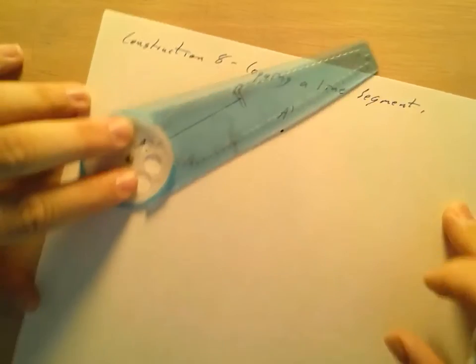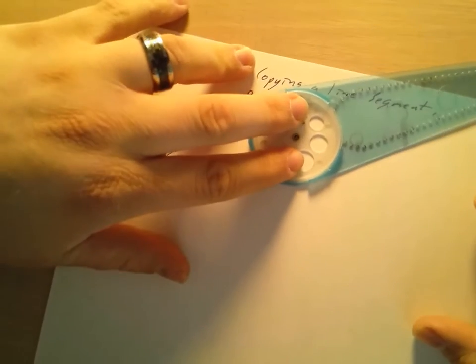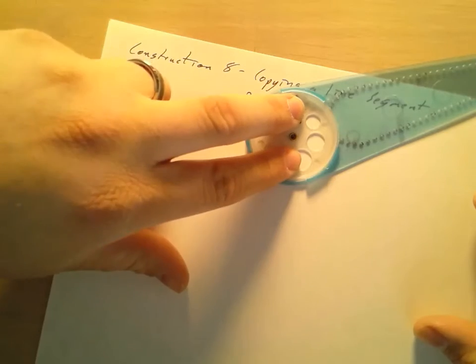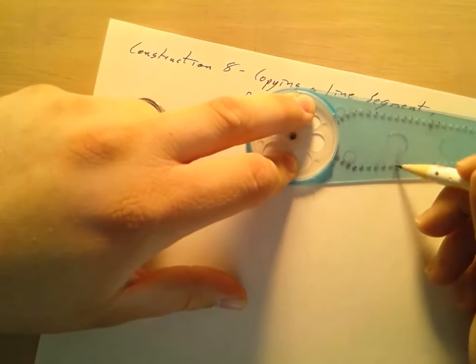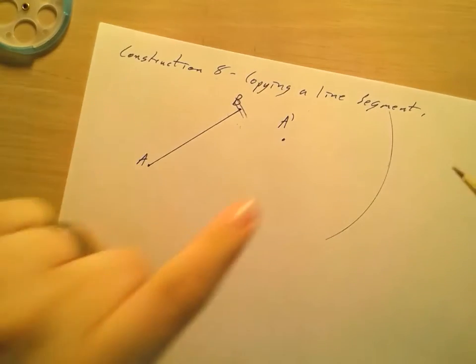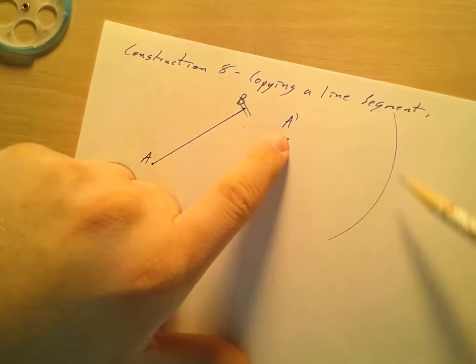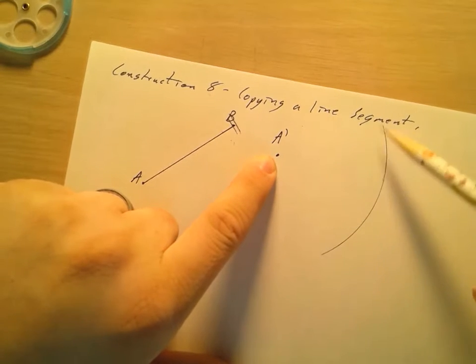But now I got to take this center and slide it over here to my new point A, or A prime. And now I'm going to create an arc. The reason I create the arc is I'm guaranteeing that any point on this new arc will be the same distance from A prime, right?